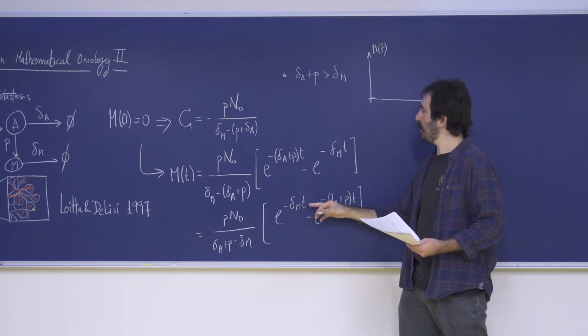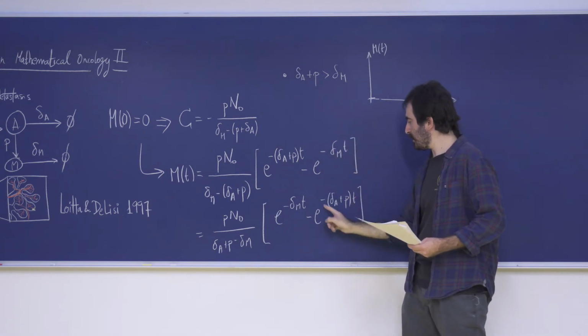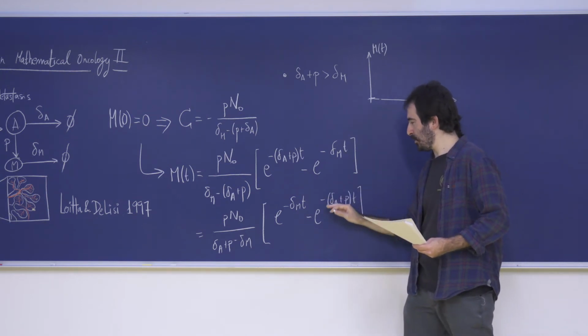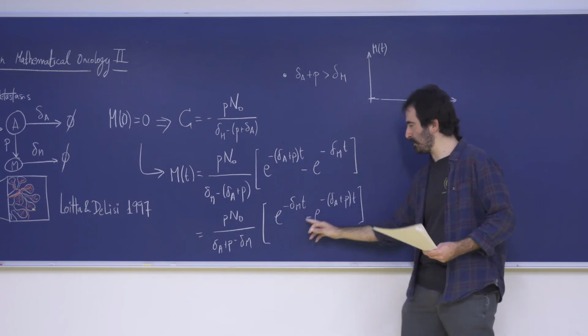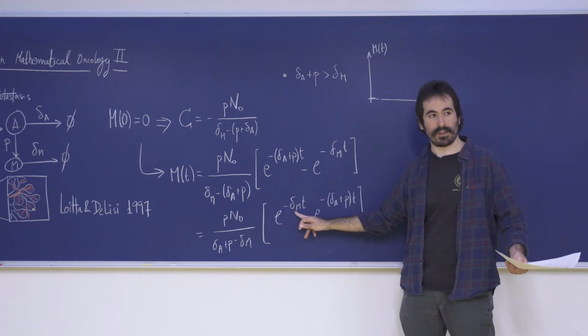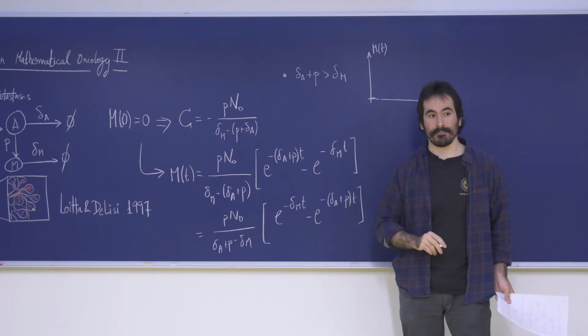Well, we know that this is larger than delta m. So this exponent, which carries a minus sign, is going to go down faster than this one, because delta m, precisely as the coefficient for this exponential decay, is smaller than delta a plus p.